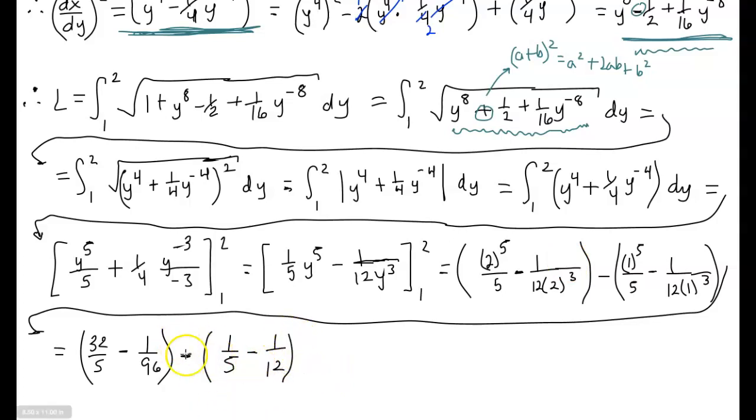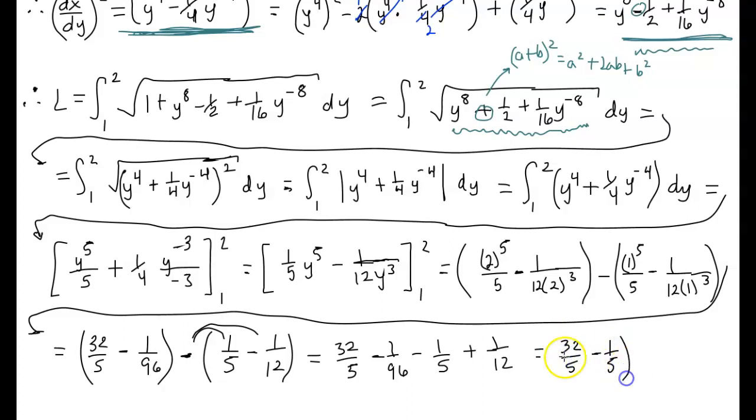All right, and so now from here, let's see. I'm going to go ahead and distribute this negative to both terms here. So we have that. So now I notice that I could regroup these. So I can put these two together.